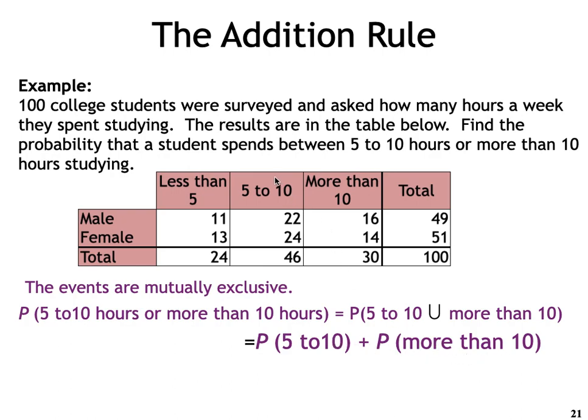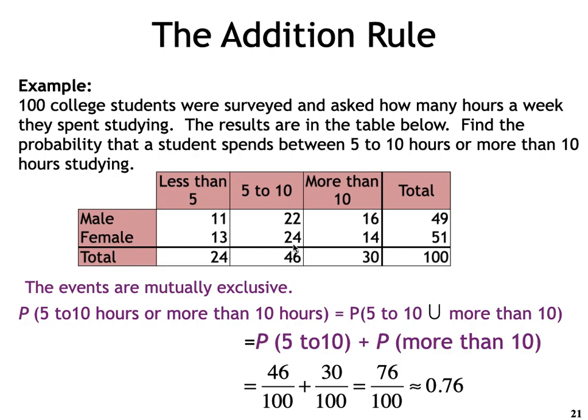In this case, we look at the column for 5 to 10, and the total there is 46 out of the 100 students. So out of the 100 students, 46 of them are studying from 5 to 10 hours. In the same manner, for more than 10, there are 30 of them out of the 100.